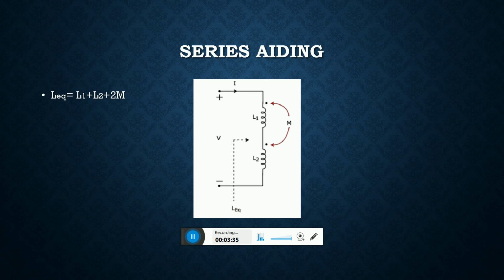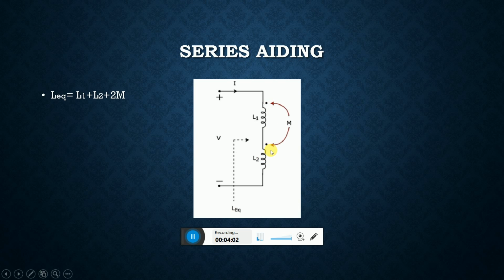In series aiding, the two inductors are connected in series, and the current enters the dotted terminal of both inductors. Here, the equivalent inductance is L1 plus L2 plus 2M, where 2M represents the mutual inductance between these two inductors.